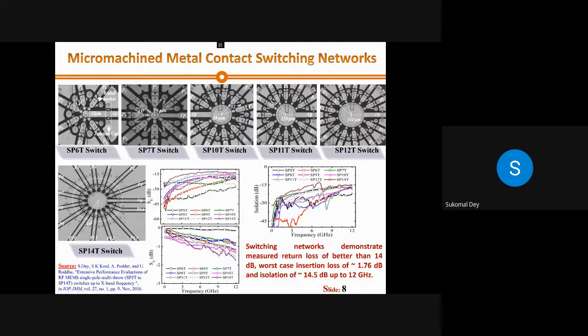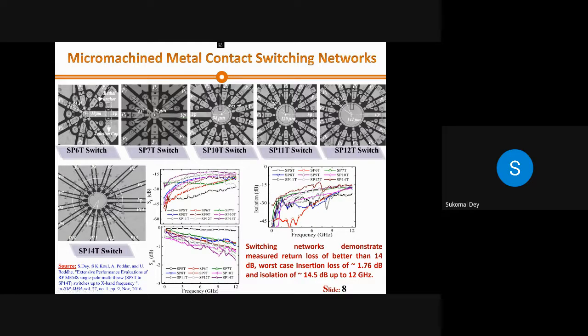It is basically a high quality power divider, where you are dividing the power equally. You give the signal at the input, coming to the central junction. In the central junction, 14 switches are connected to different paths.